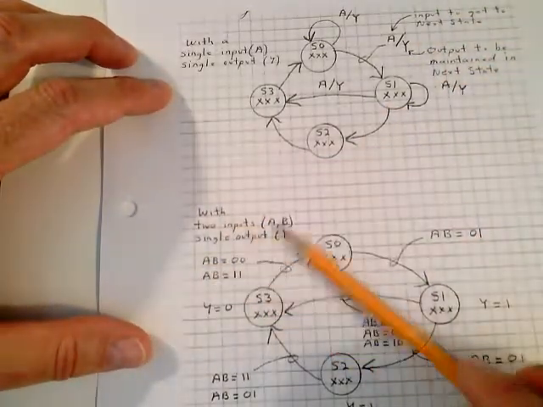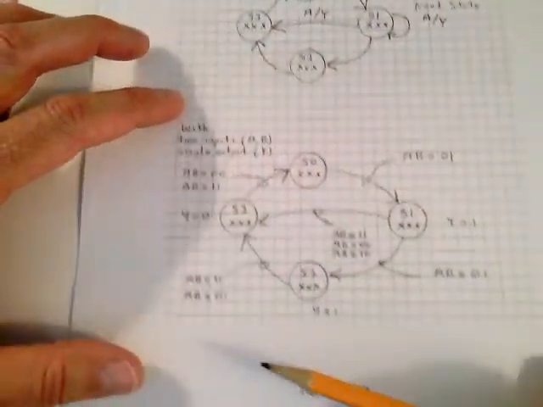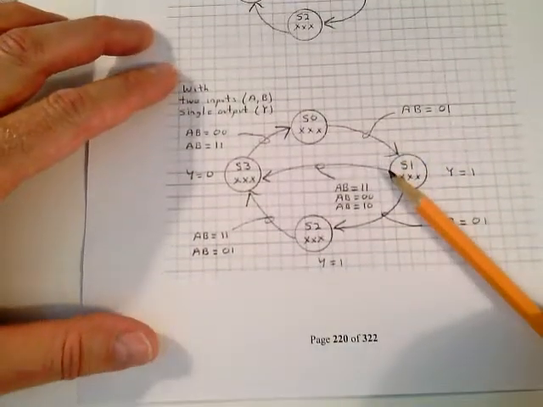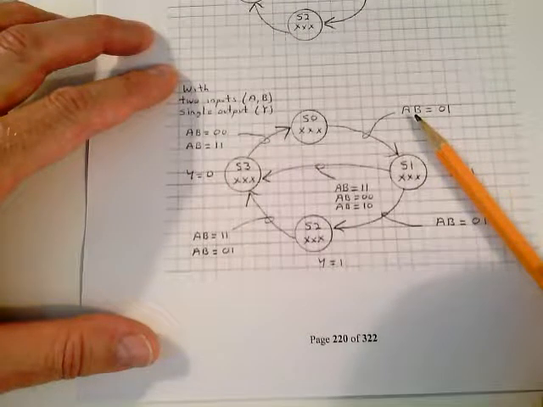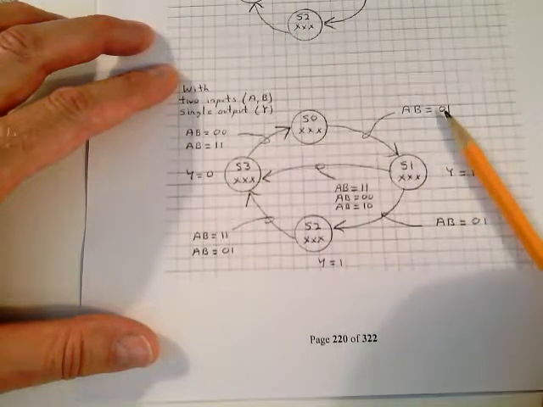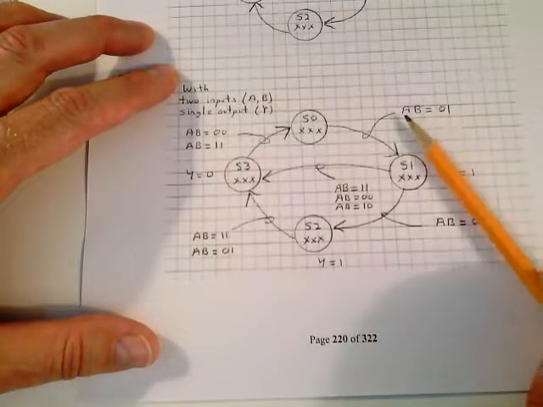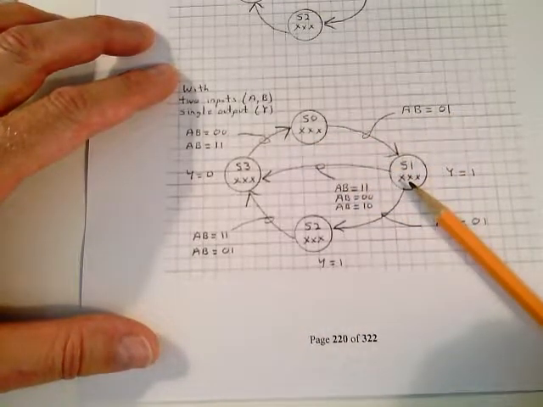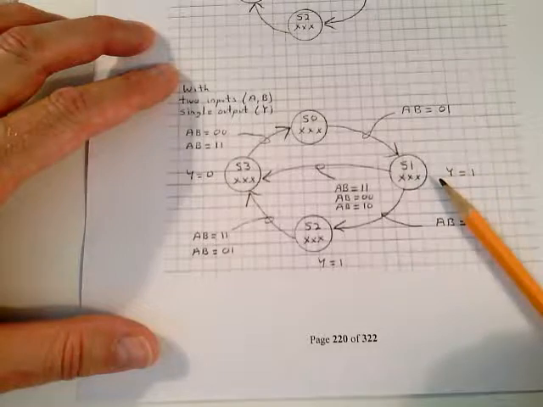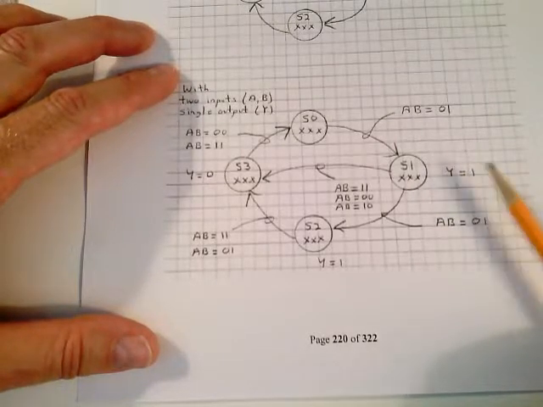What if you have 2 inputs A and B and a single output Y? Sometimes they'll show it this way, where you have A and B. If A is a 0 and B is a 1, and the clock comes, you move from state 0 to state 1. And then Y could be a 1. I'm just making something up.